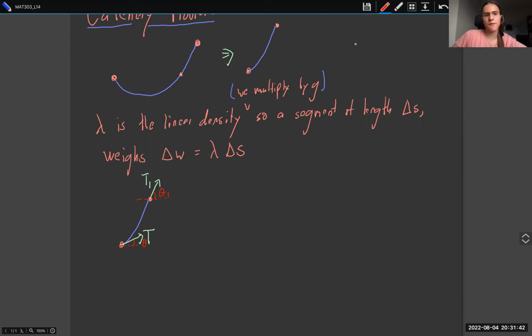Now, the forces acting on the system, assuming that it's all infinitesimal on this segment, there's going to be a tension here, and it's going to be acting in the opposite direction. The actual tension is in the opposite direction. This is the tangent direction, but the force is in the opposite direction.